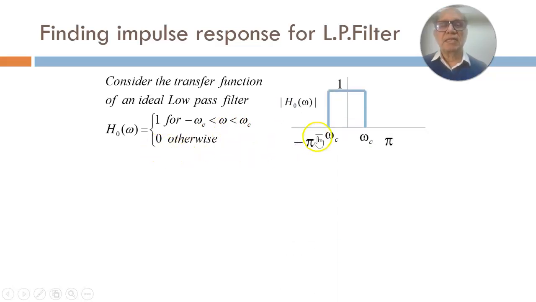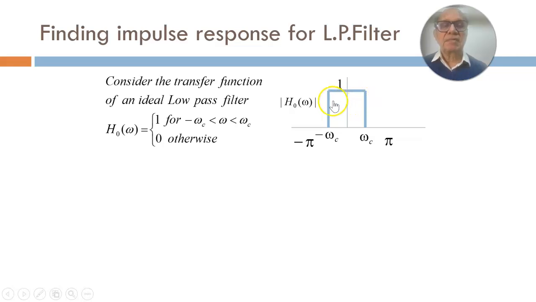If you plot it, it will look something like this. We plot omega on the x-axis and the magnitude of the transfer function on the y-axis, and you can see this is an ideal low pass filter, in the sense that in the pass band, from minus omega c to plus omega c, the gain remains absolutely constant at 1.